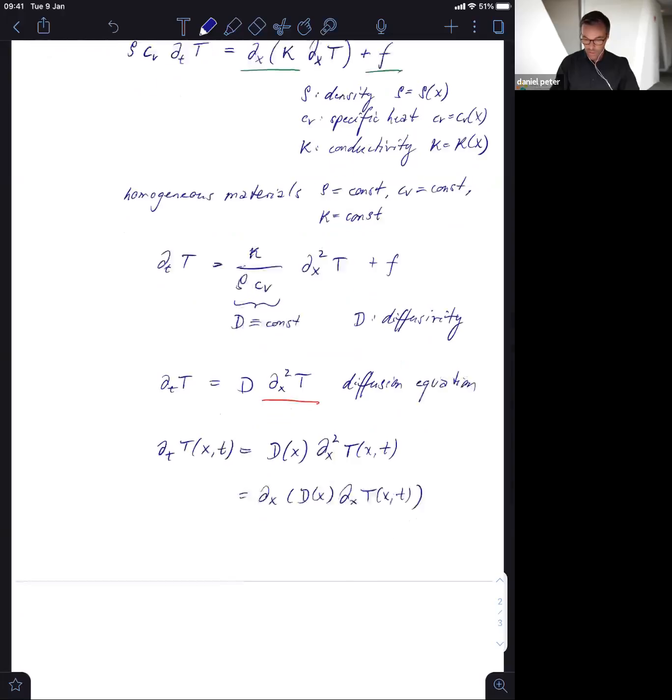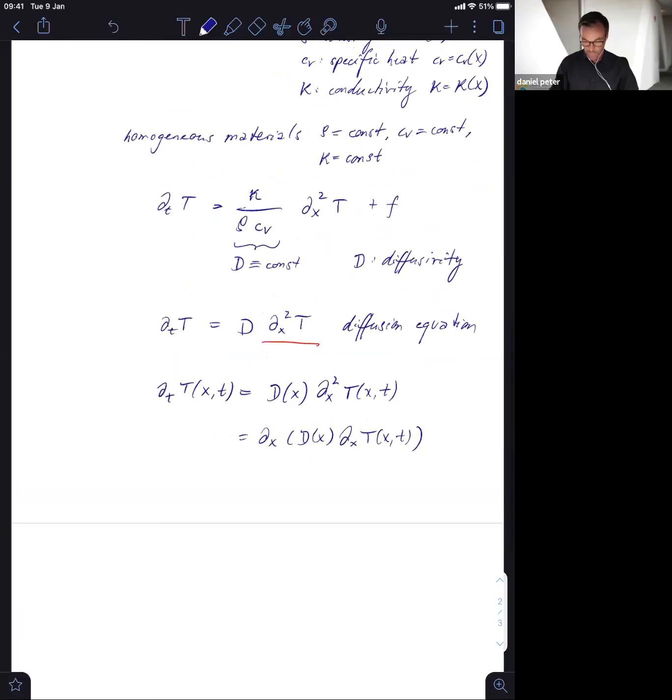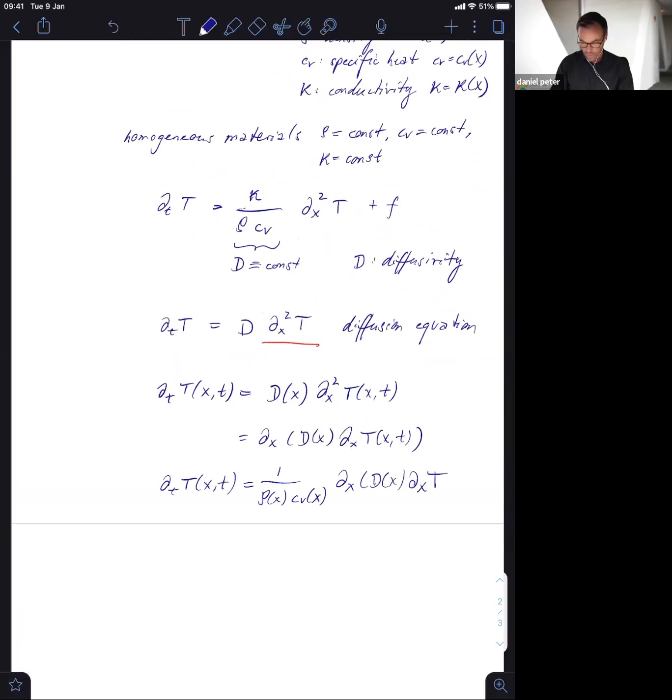But then again, it's not quite the same as if you would have the heat equation, which you would have here, the specific heat factor, and then comes the derivative. And now the diffusivity becomes the conductivity.